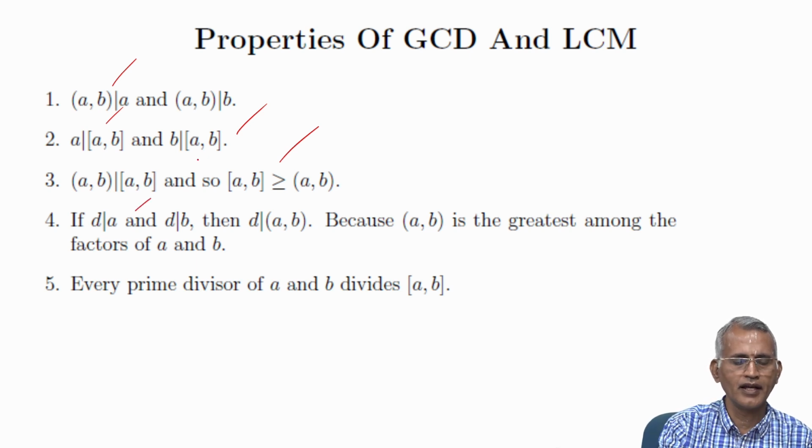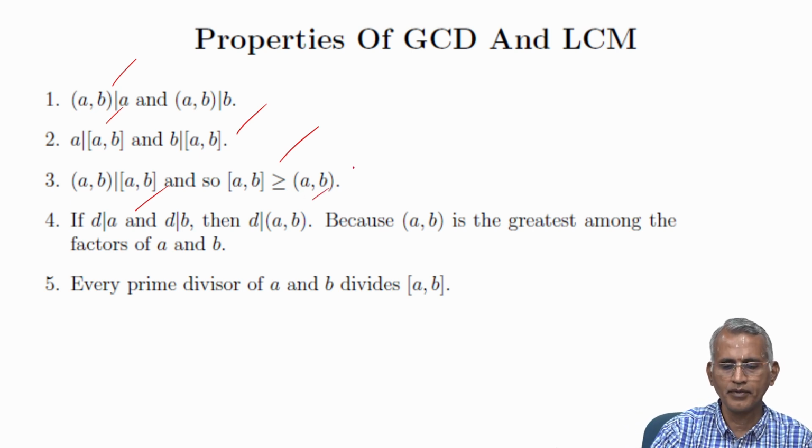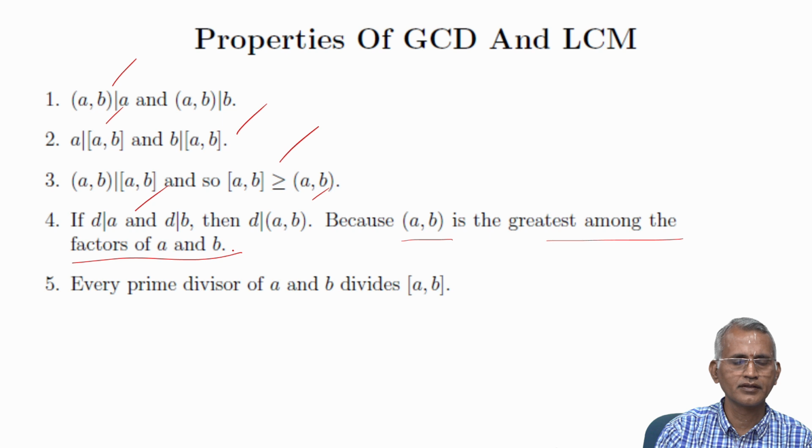If D divides A and D divides B, then D divides the GCD of A and B, because the GCD is the greatest among the common factors of A and B. So, keep in mind these basic properties.